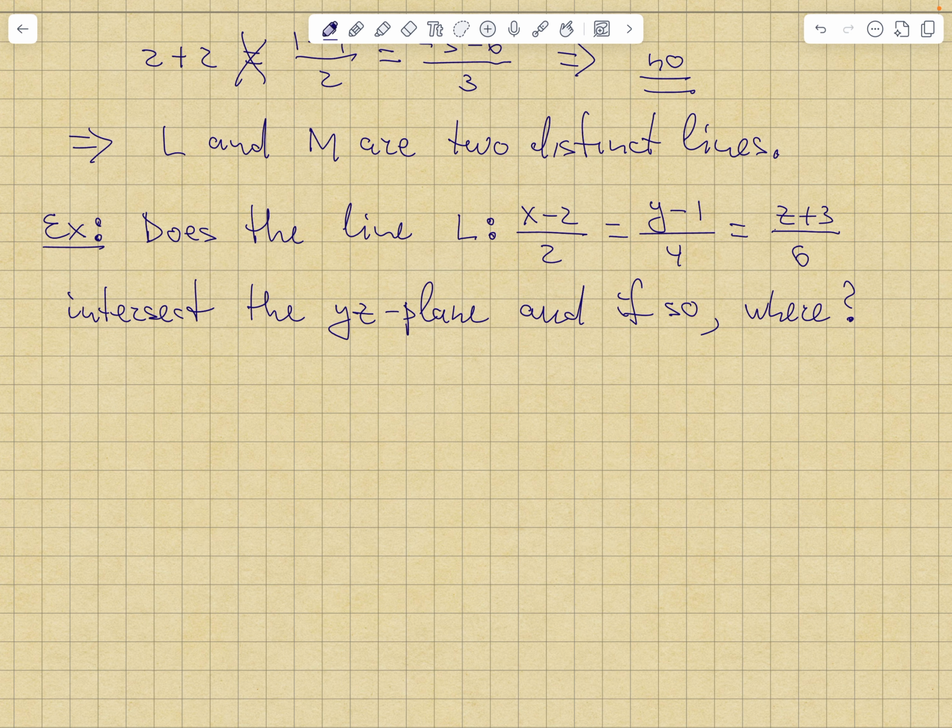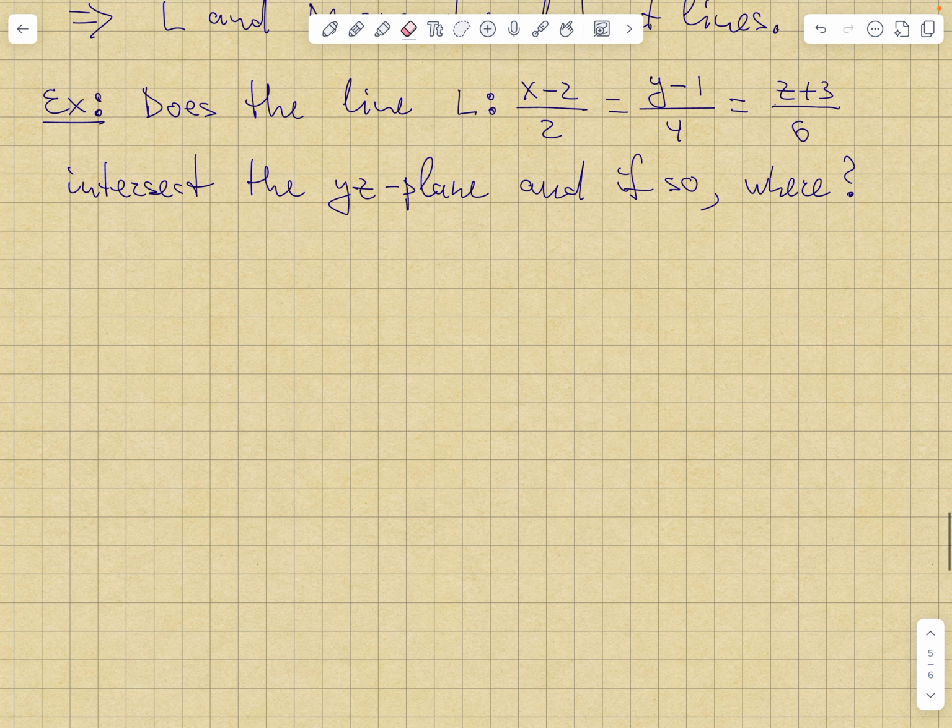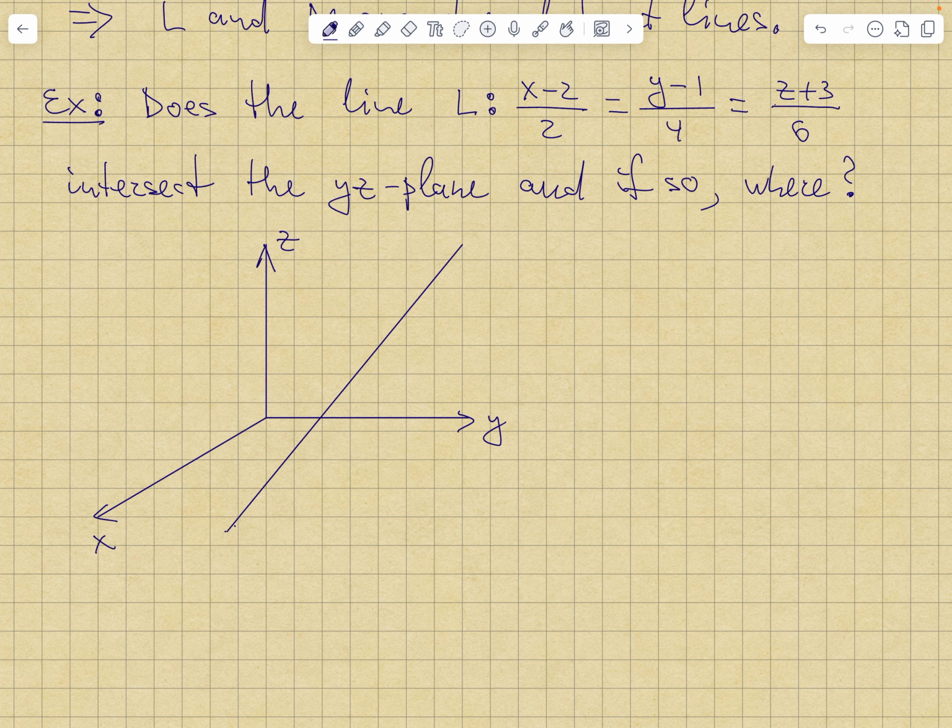Right, so the question is, I have my coordinate system. So YZ plane is facing us. I have some line, like so. And the question is where it would intersect YZ plane if it does intersect it. Right, because in principle it can be parallel to the YZ plane, and in that case it's not going to intersect it.